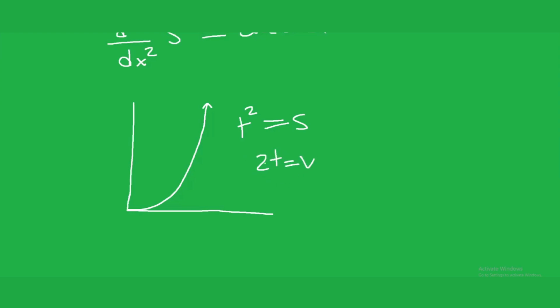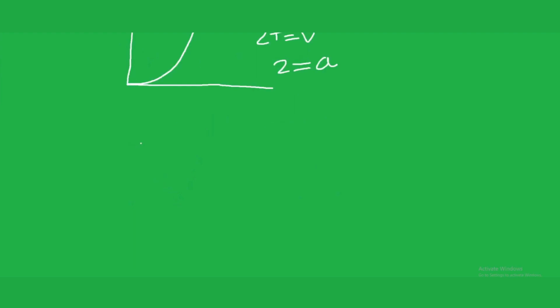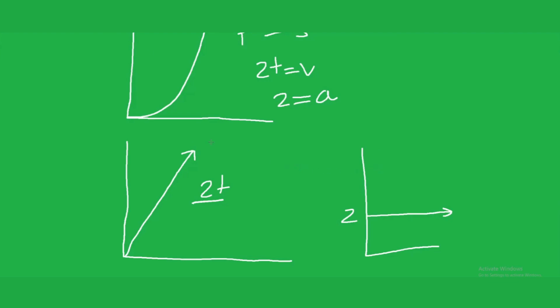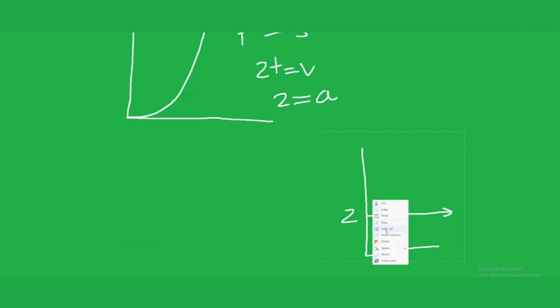The derivative of 2t is just going to be 2. So our acceleration in this case is constant. Let me write the graph of that derivative. It'll be 2t, that's that line. And the derivative of that, the slope of a linear function, is just going to be 2. So it's going to be this flat line at a equals 2. Okay, so that's a way to think about all these.